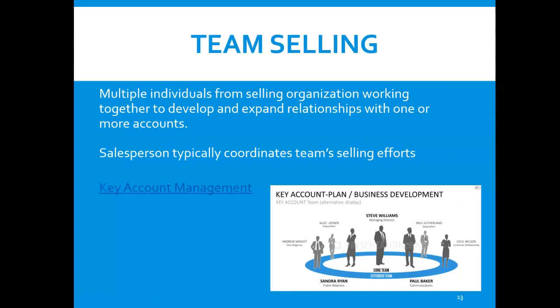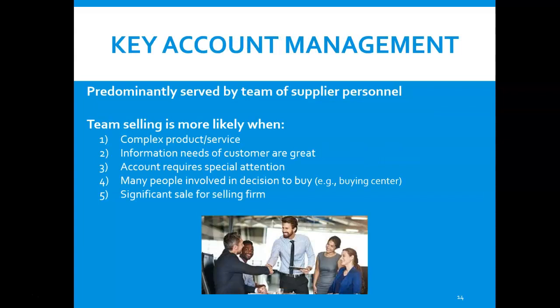Team selling, I mentioned key account management. So this is what a team might look like. Your core team, and then your extended team. The salesperson is going to coordinate the team's selling efforts, but you may need to bring in individuals from different parts of the company. When does that happen?